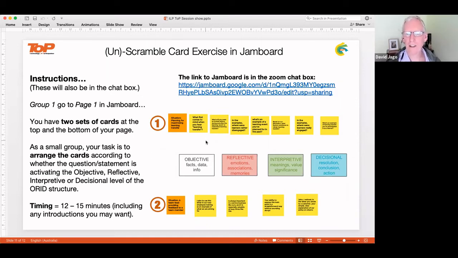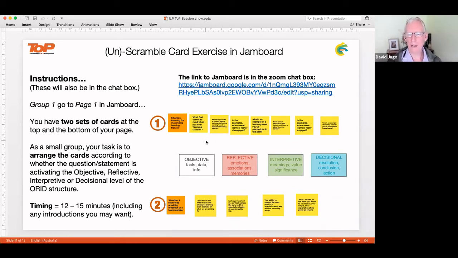Okay, my internet connection is unstable. I might say that again. So you'll be working in small groups of 2 or 3 people per group. If you're in group 1, you get to go to page 1, group 2 to page 2, and so on.